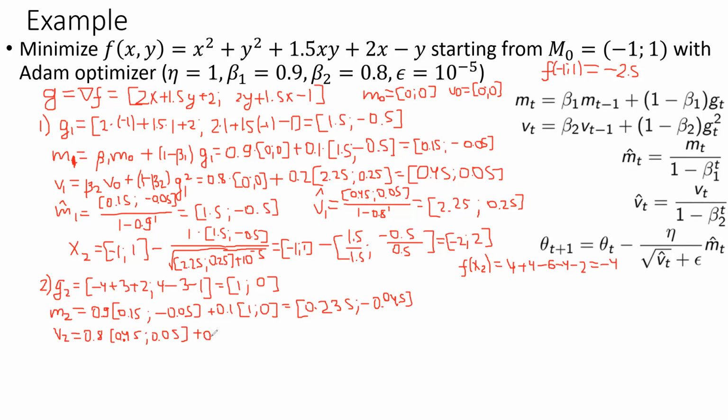Now add 0.2 times square of our gradient, which will be the same, because we are lucky with that. So 0.8 times 0.45 plus 0.2 will be 0.56, and 0.8 times 0.05 will be 0.04.